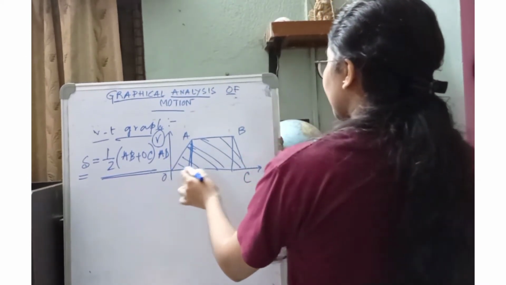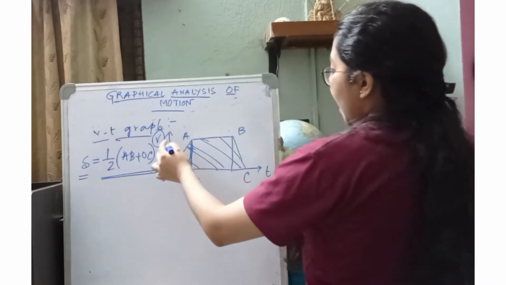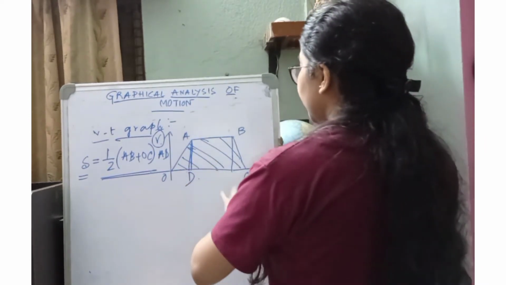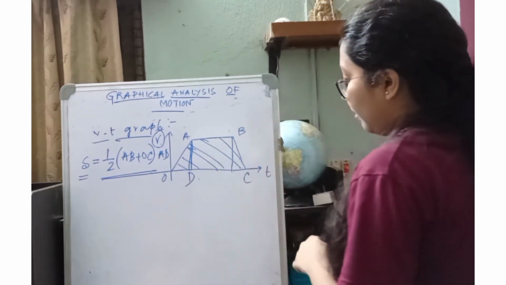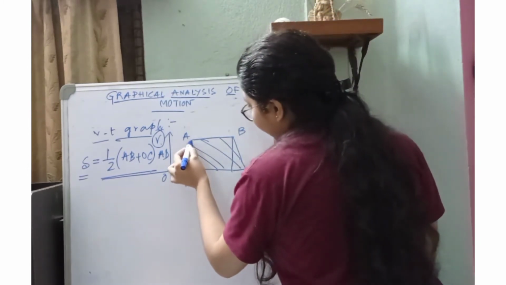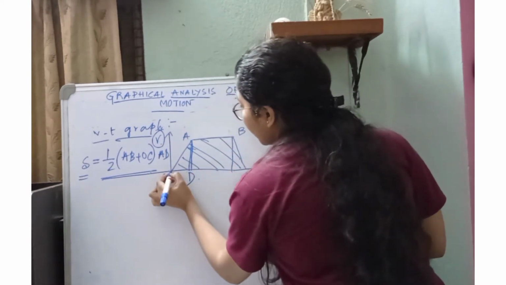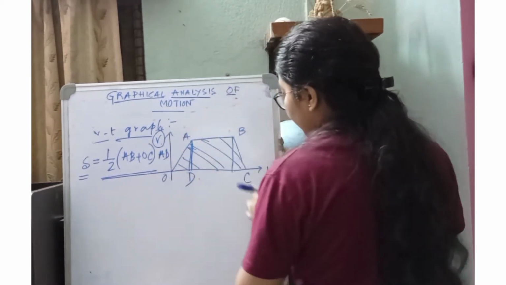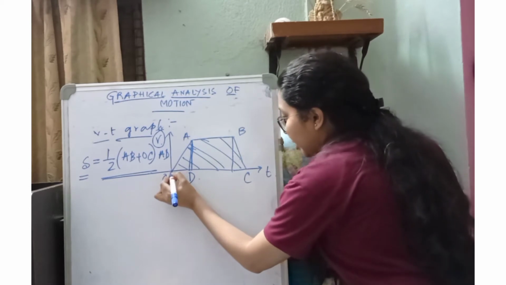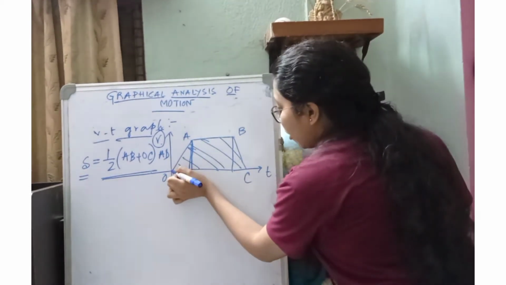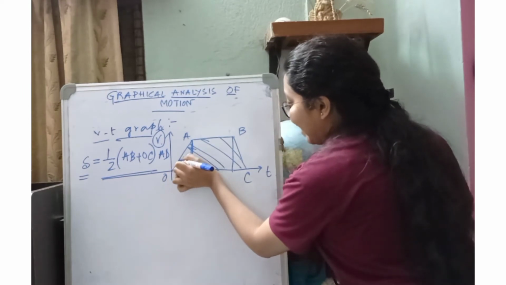Now if we are asked to analyze the motion of that particular object whose graph has been given in this figure, we can see that first of all the object started from a velocity 0 because it is touching the origin. So at initial t equals 0, the velocity was also 0. Then the velocity was uniformly increasing.